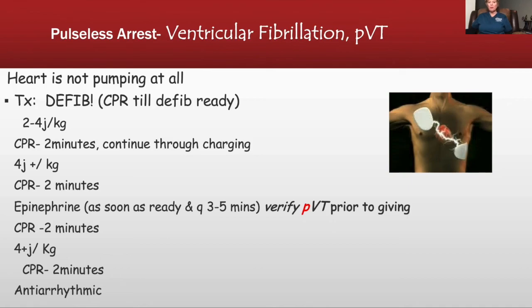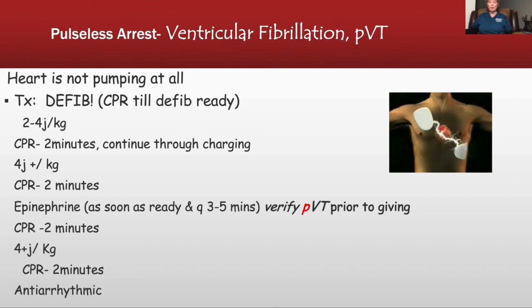But just remember that if they're in pulseless VTach, before you give epinephrine, you have to ensure that they're still pulseless, because sometimes ROSC, return of spontaneous circulation, may mean that they now have a pulse with VTach and they're no longer pulseless. So before you give epinephrine, you need to make sure that they're indeed still pulseless.